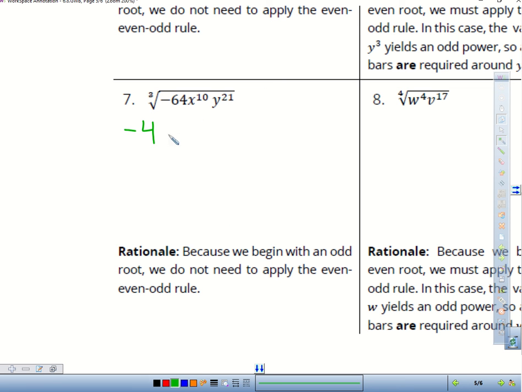And then, what is 10 divided by 3? 9 with the remainder of 1. Good. And then the y is going to become y to the? 7. Good. No remainders on that. That's it.